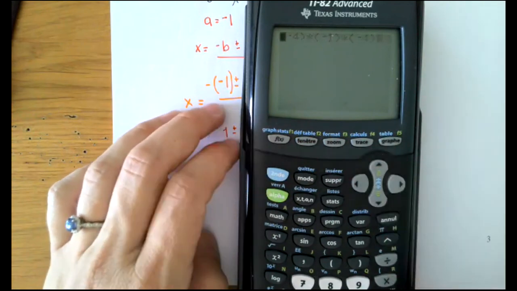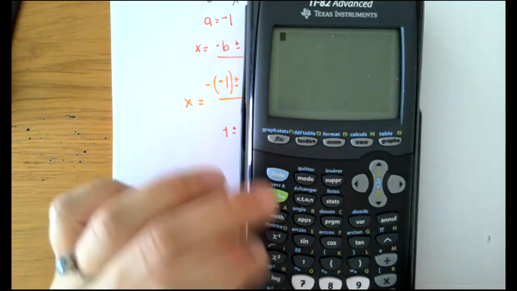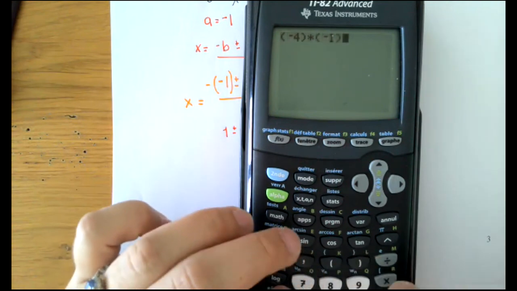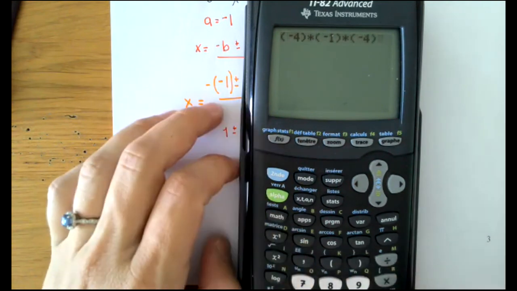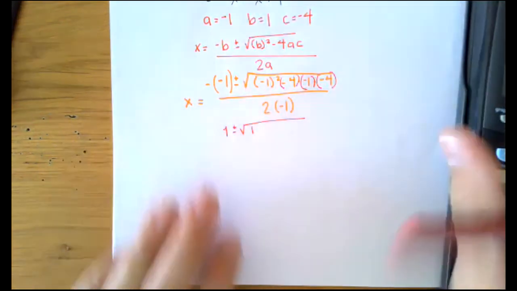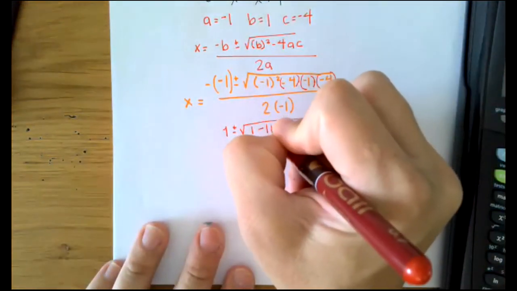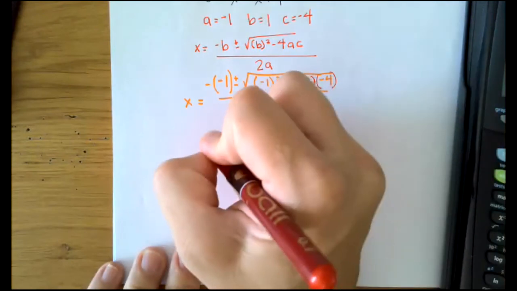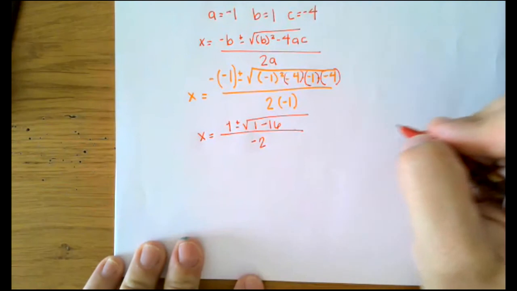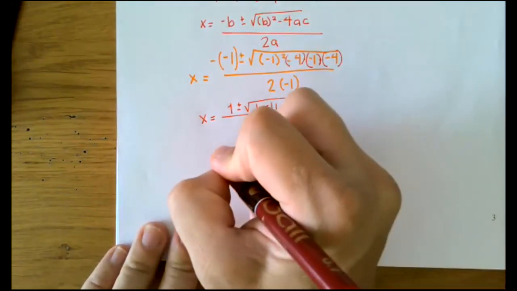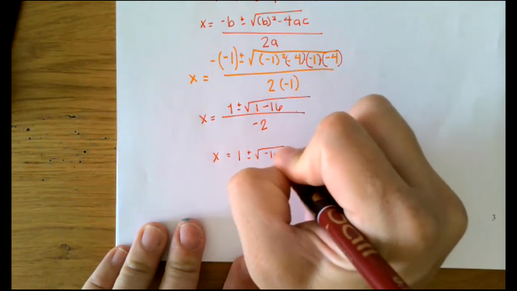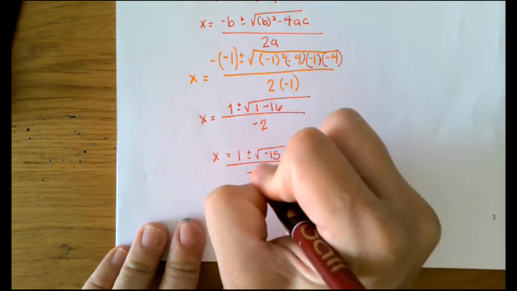Oh, I erased it all. -4 times -1 times -4. -16. 1 minus 16 all over -2. You see where this is going. So now we have x equals 1 plus or minus the square root of -15 over -2.